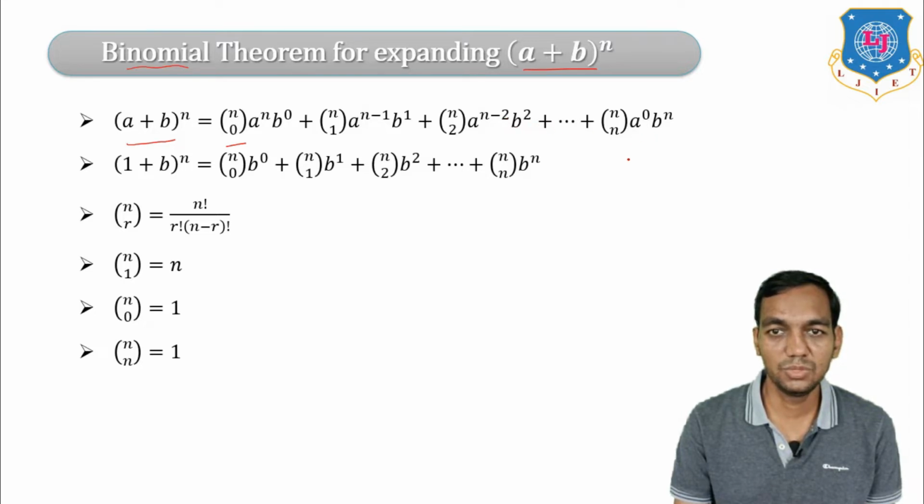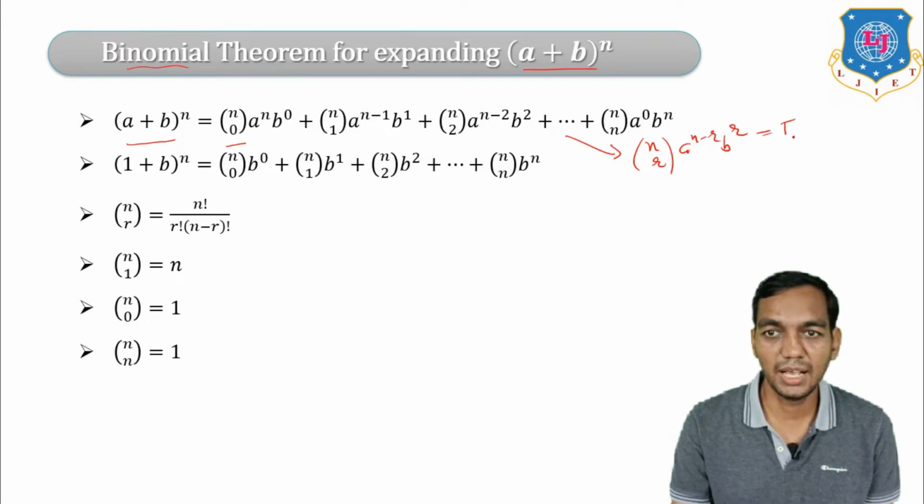And continuing this way, if you are going to write the general term, then it will be nCr aⁿ⁻ʳbʳ. Okay, but if you are going to count, then this one is the first term, this one is the second term, then this term is going to be the (r+1)th term.